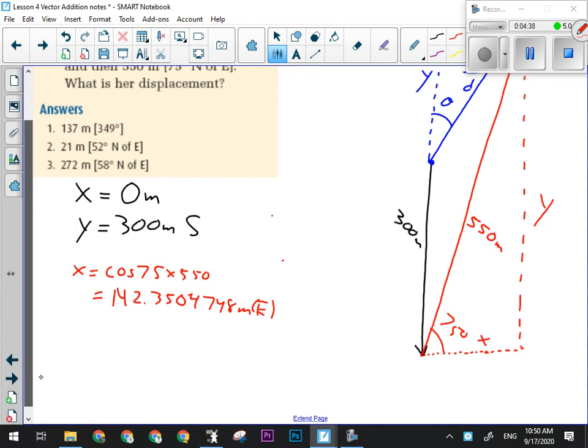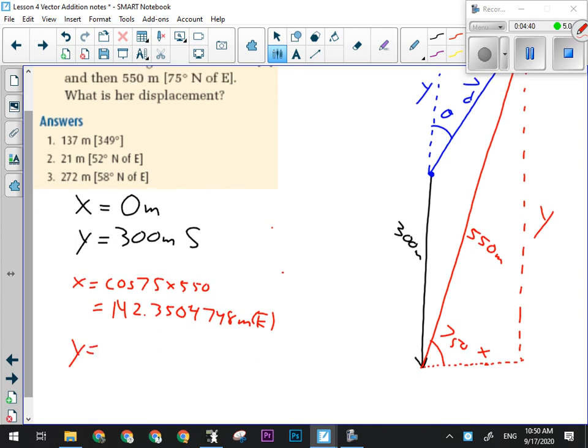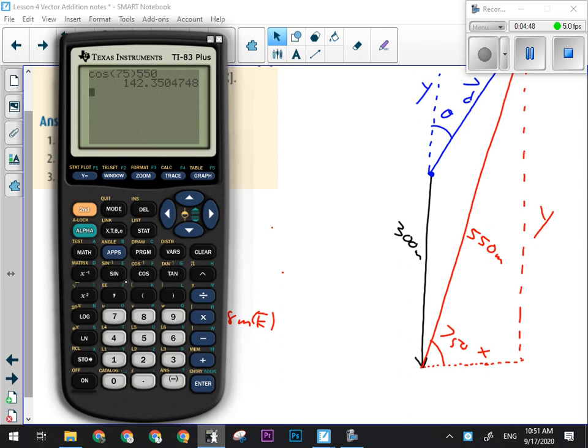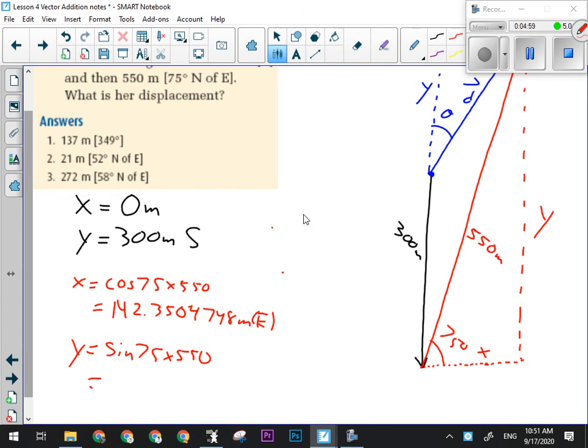Okay, and my y component is the opposite side, so it would be the sine of 75 times 550. Okay, so we're looking at 531 there.